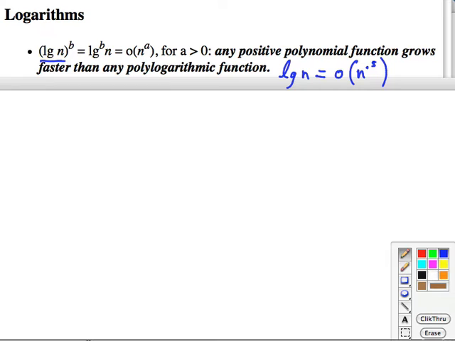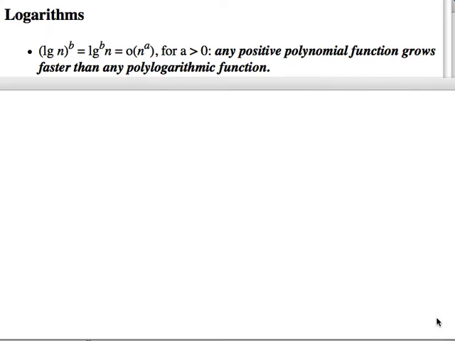So even if you multiply the log of n by itself some constant number of times, which, by the way, is notationally written this way, then that's still going to be little o of n to any positive exponent. So logs grow slower. That's why it's nice to have algorithms that have logarithmic growth. They're a lot more efficient than many other algorithms.